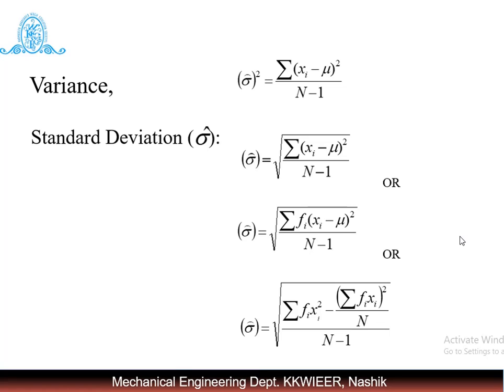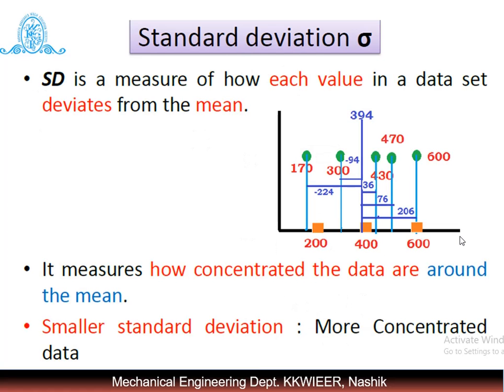Another formula, when the frequencies are given, is under root of summation of fi into xi minus mu, bracket square, upon n minus 1, or under root of summation of fi xi square minus, in bracket, summation of fi xi, bracket square, upon n, divided by n minus 1. So these are all the formulas to calculate the standard deviation, sigma.